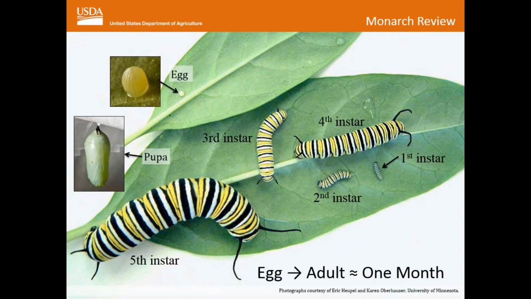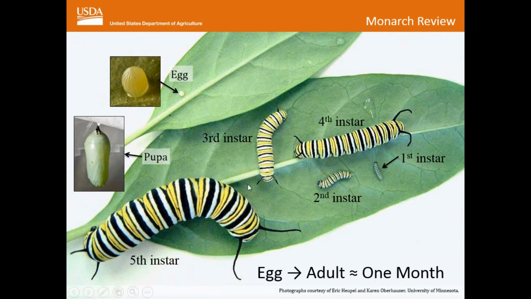So this just shows a little bit going from egg through the instars. This is a pretty gaudy caterpillar, and if you ever watch them, you'll see that predation is actually quite high. Not that they all might be digested, but in the process of a bird finding out that they not only don't taste well, but they're poisonous, they may kill them.